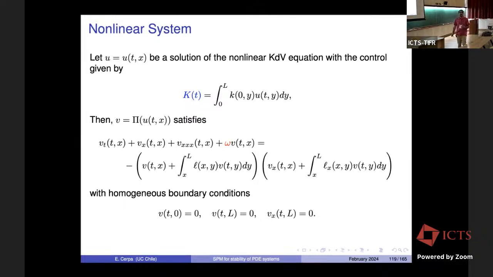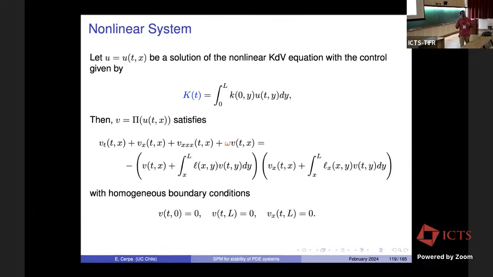Now, this is for the nonlinear system. Yesterday we saw how to deal with some nonlinear perturbation using the energy, how some garbage terms appear, and how you can absorb them with the good part of the Lyapunov function. Here we are doing the same. We apply the same transformation, but for the nonlinear equation.